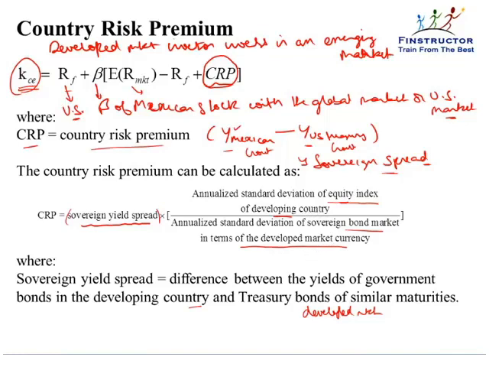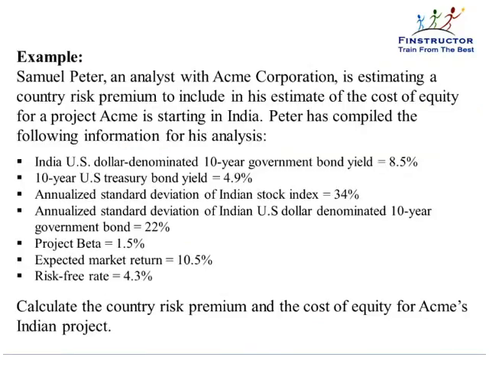Let's do an example and understand it. Samuel Peter, an analyst with Acme Corporation, is estimating a country risk premium to include in his estimate of the cost of equity for a project Acme is starting in India. Peter has compiled the following information for his analysis.